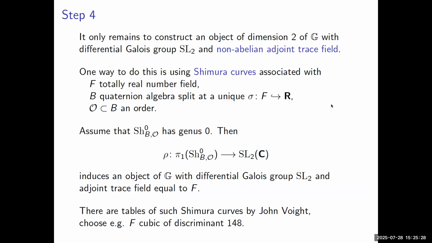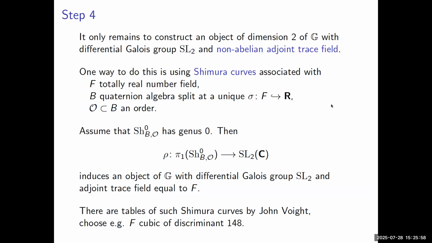So then you just need to find some totally real non-abelian F for which there's some Shimura curve of genus 0. And there are tables by John Voight where he classifies all Shimura curves of genus 0. You can go through the tables and, for example, take F cubic. If F is cubic, there are two possibilities.